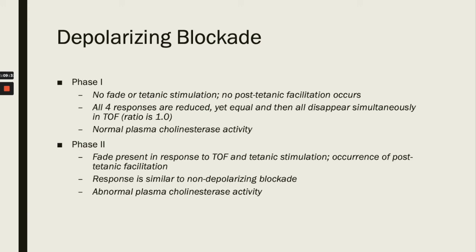So, in a patient that you've given Sux to, if they have fade, where their first twitch is the strongest and then it fades down, whereas the fourth twitch is the weakest, then that's a phase 2 blockade. And this is indicative of an abnormal plasma cholinesterase level, or abnormal plasma cholinesterase activity.